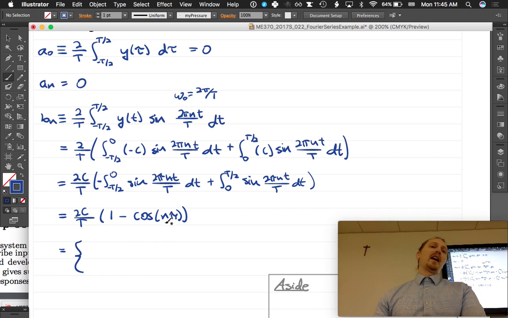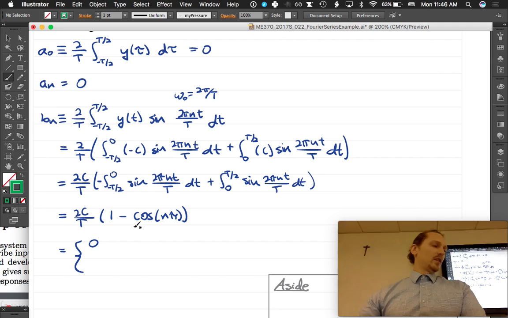That means that n is equal to, say, 0, 2, 4, 6, all multiples of 2 pi, right? What is cosine of those? 1. 1 minus 1 is? 0.